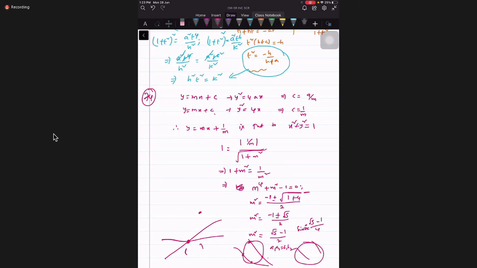This means this line only, from the family of lines. So this is also a good question. And even the next one you can do comfortably. It's not a problem, the difficulty is like cumulative. They have not asked much in the numerical part.